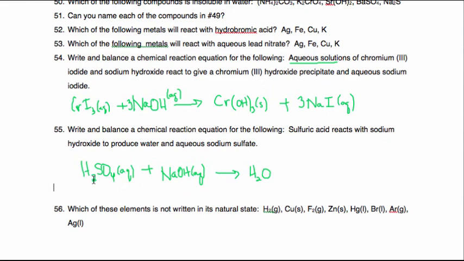I can see that I'm going to have an uneven because this is a 2- ion. I'm going to need 2 sodiums to go with it. So I've taken care of the sulfate. I've taken care of, if I put a 2 here, my sodiums are even. And then I have 2 OHs here. They're actually OH minuses. Okay, I have 2 OH minuses.